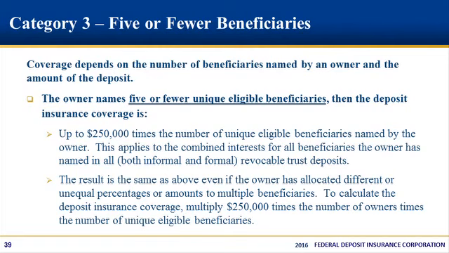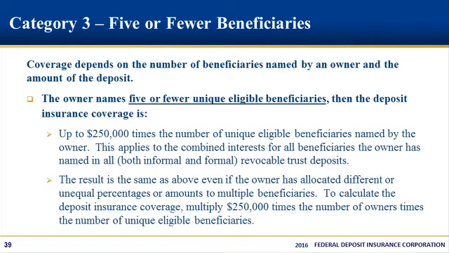Assume we have an individual who wants to establish a Category 3 revocable trust deposit, naming 5 or fewer beneficiaries, and the total combined for all their trust deposits will be $1,250,000 or less. If the owner has named 5 or fewer beneficiaries, then the amount of deposit insurance coverage is equal to up to $250,000 times the number of beneficiaries named by the owner.